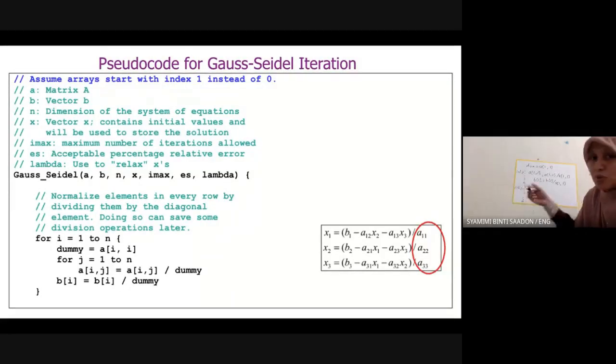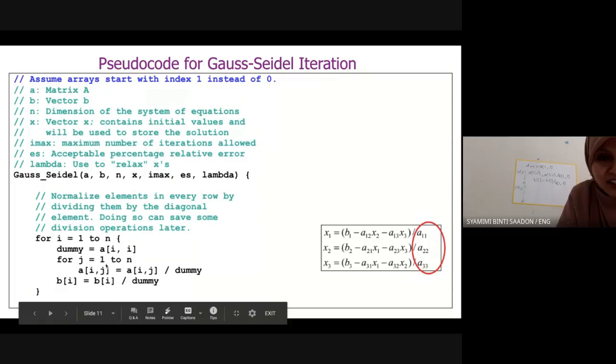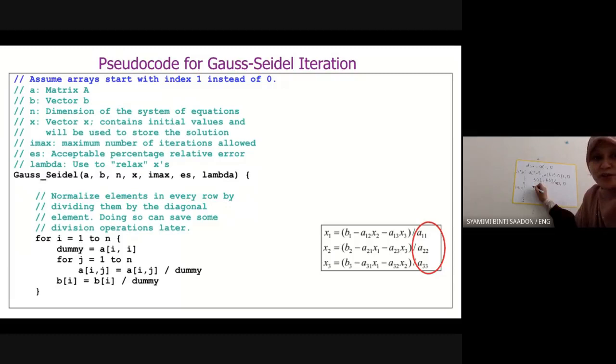Okay, so and then next one, j equals to 2. The dummy A11 is still the same because we have to finish this loop first, j until n, and then we'll get back to the above. Okay, so for example, j2, A12 over A11. Okay, the dummy hasn't changed, and B is still B1.